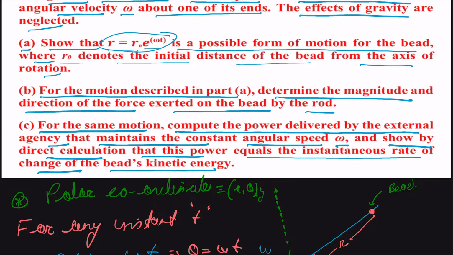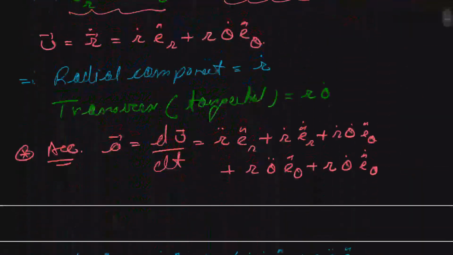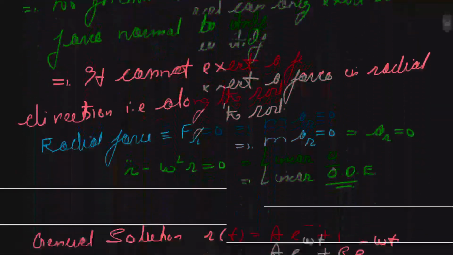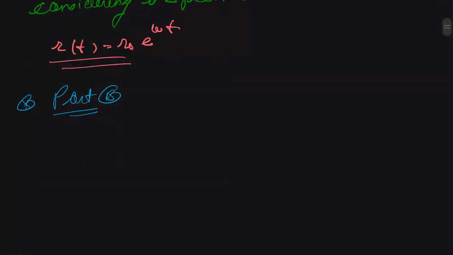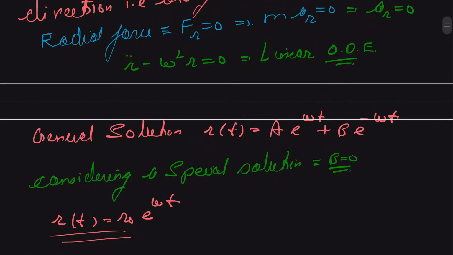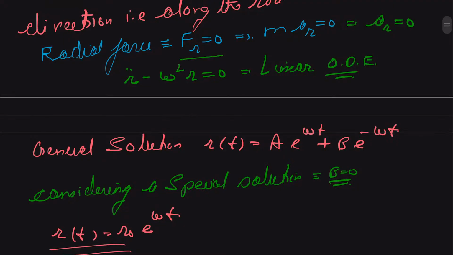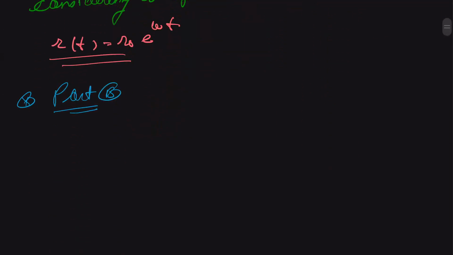determine the magnitude and direction of the force exerted on the bead by the rod. So we have to find out the direction and the magnitude of the force exerted on the bead. And we just found out that the only force being exerted is the transverse force, because the radial force is equal to 0. We just proved it here, F of r is equal to 0.